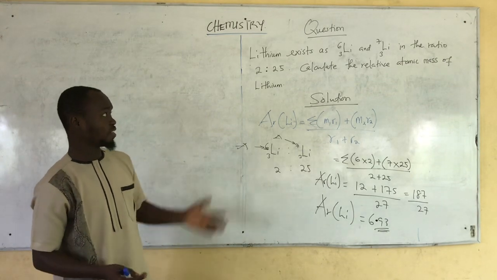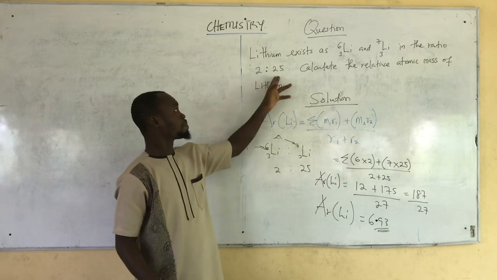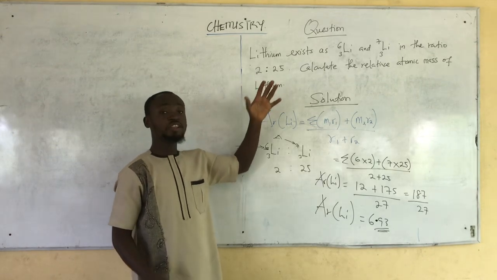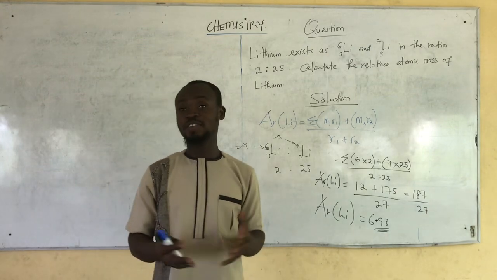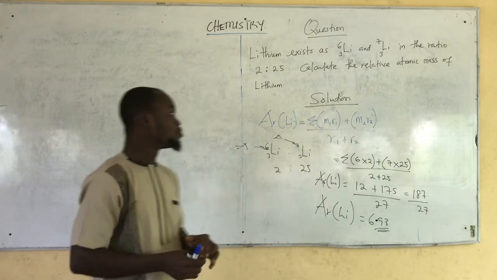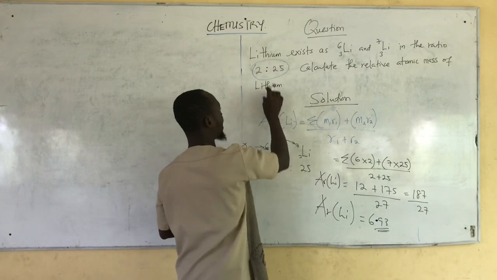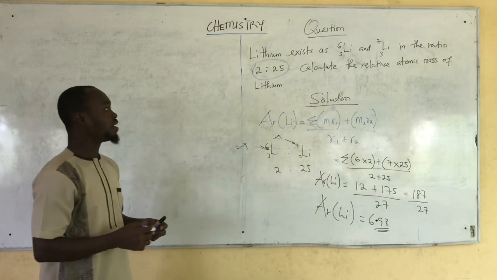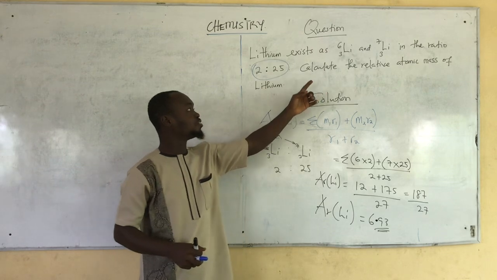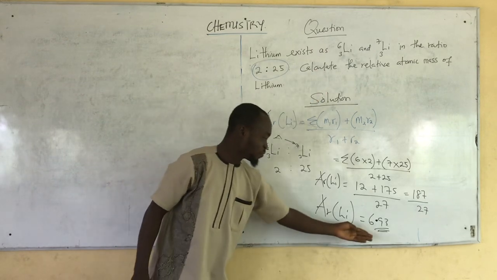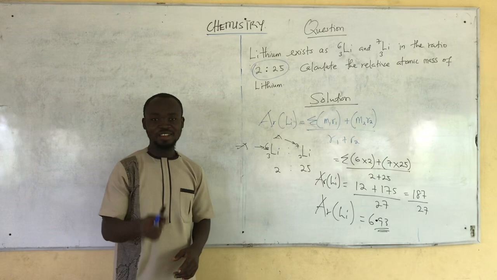In this same question, we can also ignore the ratio and use the abundance in terms of fraction or in terms of percentage. Do you want us to try? So let's ignore the ratios given to us and let's try and find the abundances of lithium 6 and lithium 7 if its relative atomic mass is 6.93.